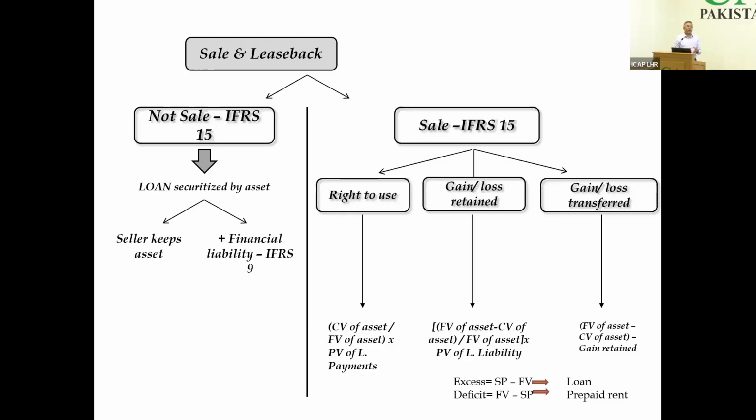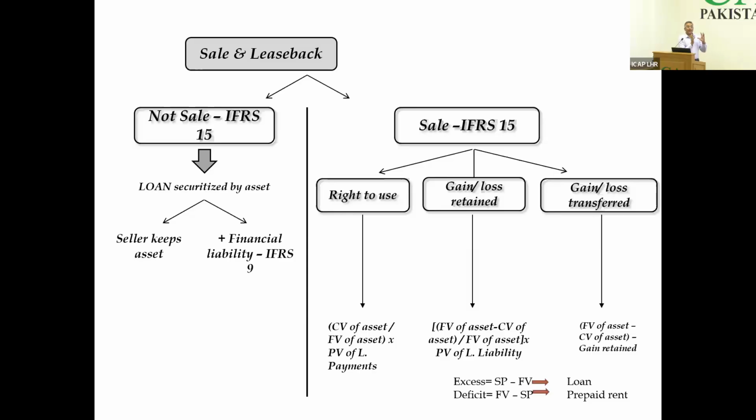One is the gain or loss retained, and the other is the gain or loss forfeited. First, you will calculate the total gain, which is the fair value of the asset minus the carrying value of the asset. The fair value less carrying value, divided by the fair value, is then multiplied by the present value of the lease liability.